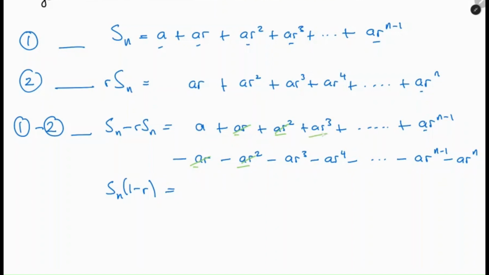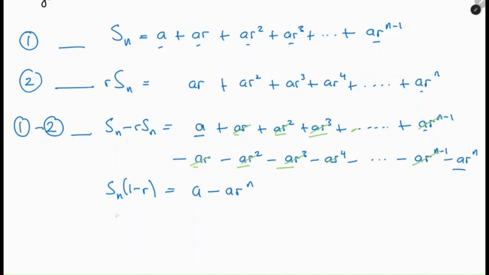Here I've got ar cubed, here I've got minus ar cubed, so these cancel. So you can see what's going to happen here. Everything's going to cancel all the way up to this term here: ar to the n minus 1 cancels out with that minus ar to the n minus 1. So what am I left with? All I'm left with is a and this last term, minus ar to the n.